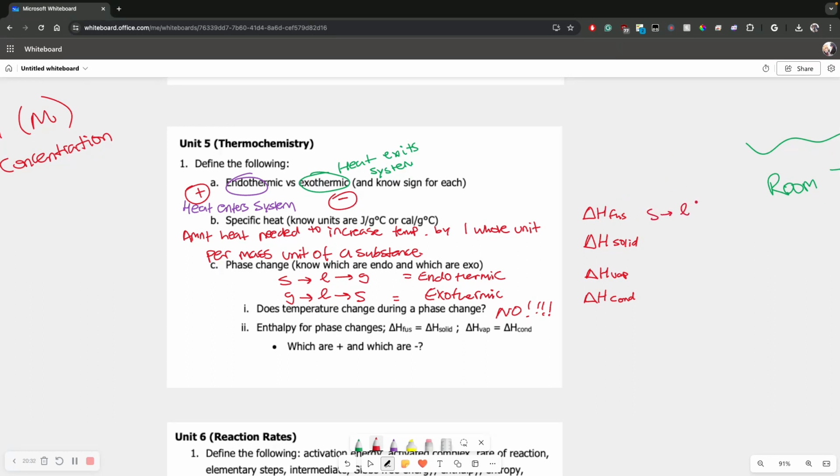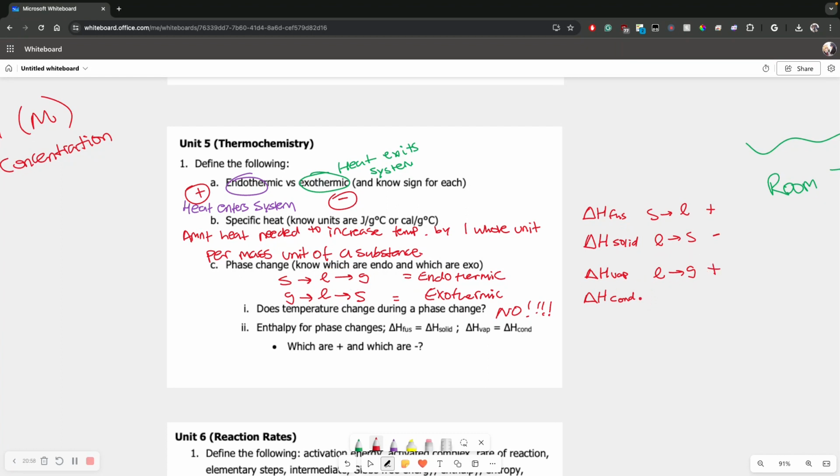So this will be positive. It's endothermic, as we mentioned here. Next up, we have delta H solidification, where we go from liquid to solid, which will be negative. As we go liquid to solid, it is exothermic. Same logic, delta H vaporization, we go from a liquid to a gas, which of course is endothermic, positive.